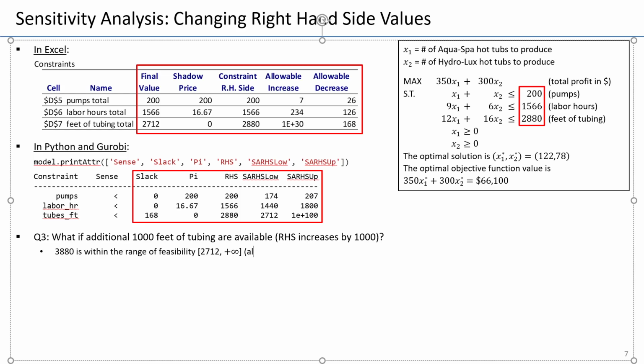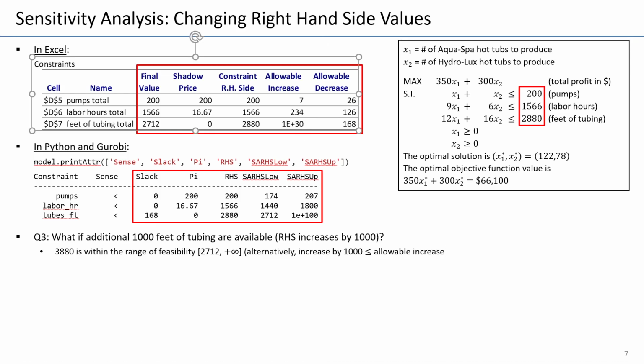And alternatively, we can say that the increase by 1,000 is less than or equal to the allowable increase, which is shown here in the last line, right?